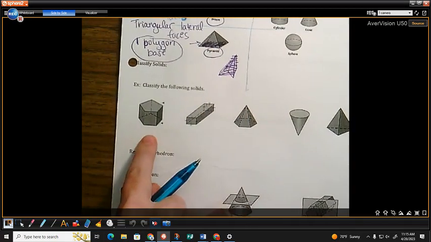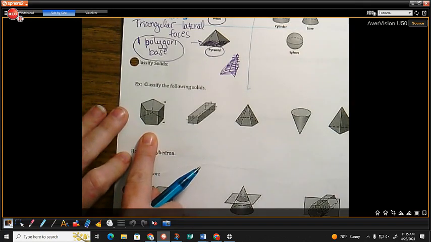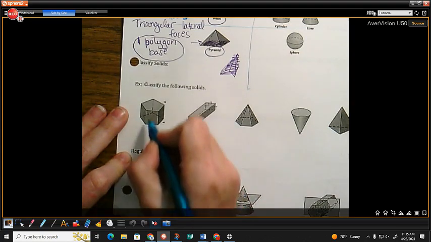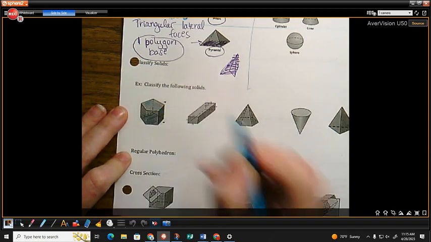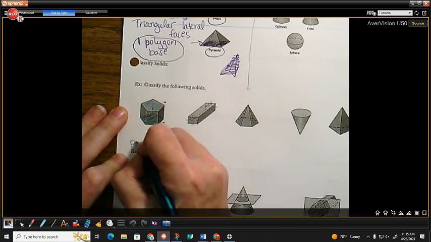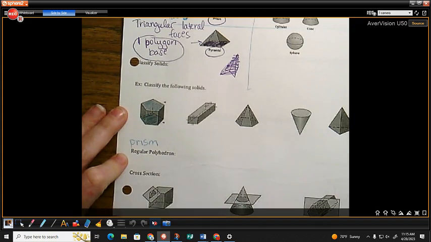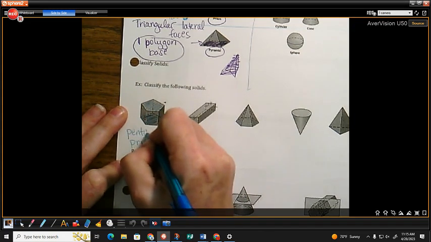Because look down here. Here's a prism. What shape are its bases? There's a pentagon. There's a pentagon. So we know this is a prism. What kind of prism should we call it? Pentagonal.